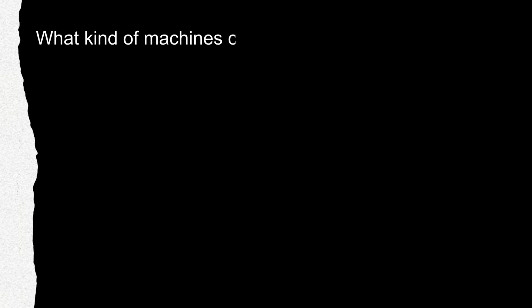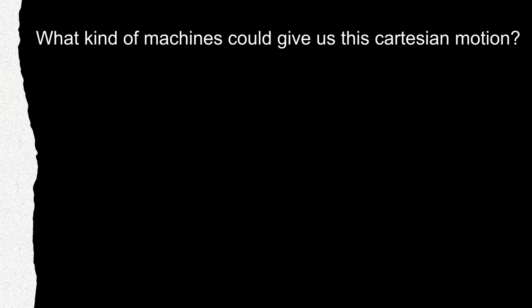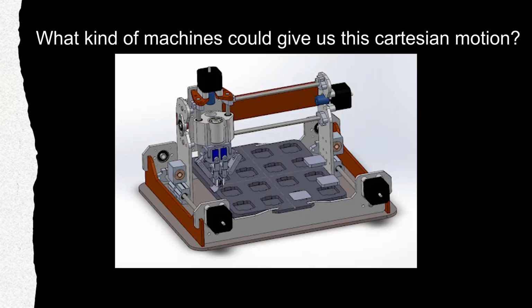What kind of machines can give us this Cartesian motion? Well, our first option was a Cartesian robot. These are commonly used in high-precision automated manufacturing spaces, more specifically pick and place. We found a Cartesian robot that we liked, but at around $10,000, it is a bit out of our price range. So the next challenge was to either find or design something cheaper.